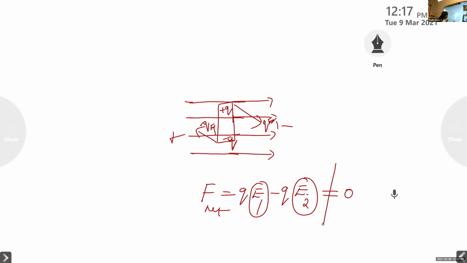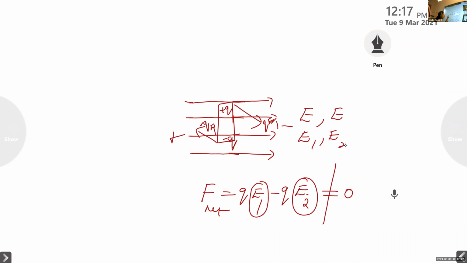Here the net force acting on the dipole is not equal to 0 because our field is not uniform. If the field is uniform, we can consider both fields as E and E. But if the field is not uniform, we cannot take it as E and E. Instead, it becomes E1 and E2. We don't know the values of E1 and E2, right?